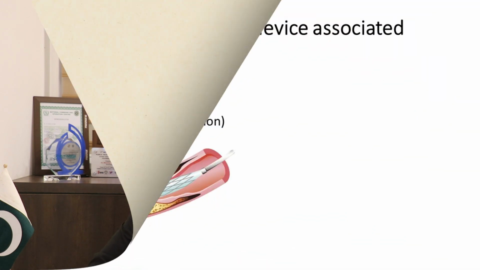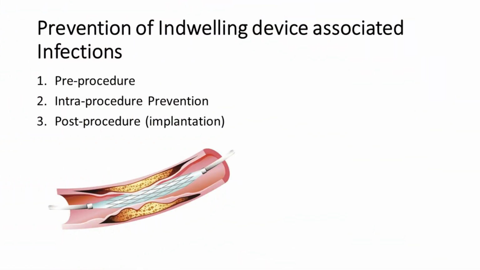There are multiple precautions needed to avoid indwelling device associated infections. We have discussed different devices, for instance pacemakers, and there are multiple things to remember while placing them or post-operatively.